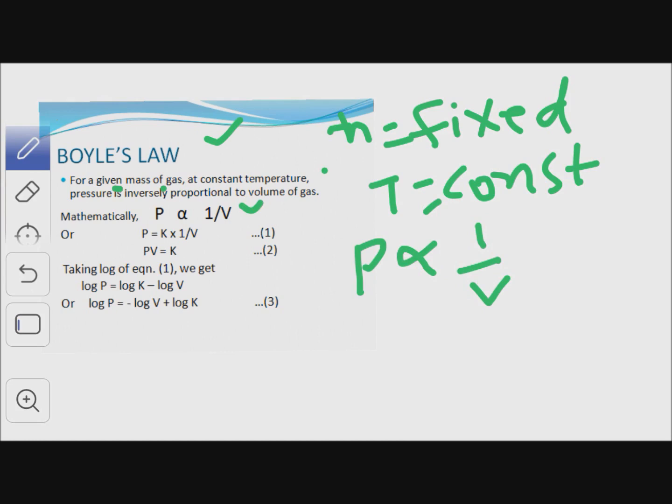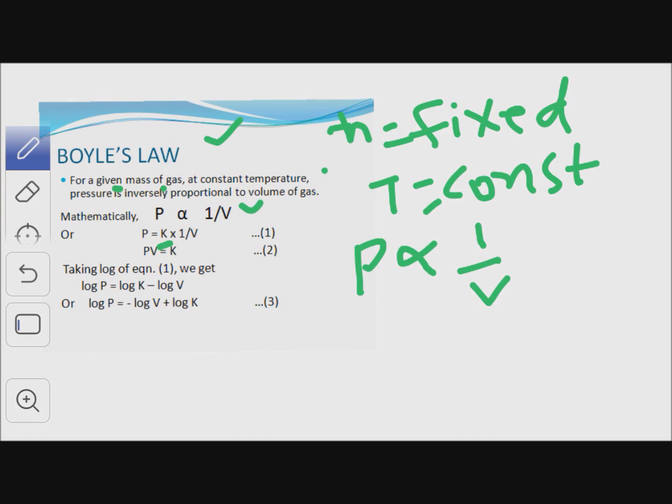This is the mathematical expression of Boyle's law, according to which pressure is inversely proportional to volume of the given mass of gas at constant temperature. Or we can write it as P is equal to K into 1 by V. Here K is the constant of proportionality.